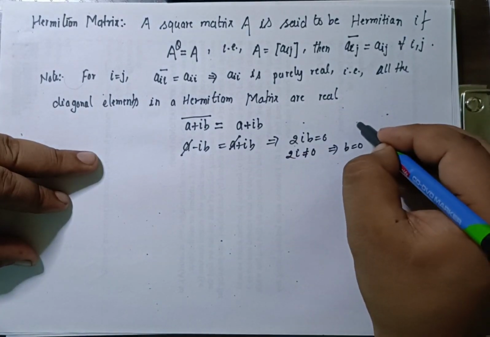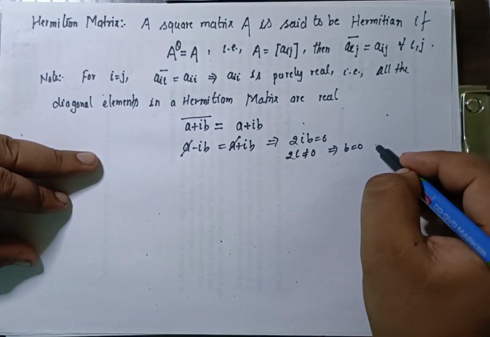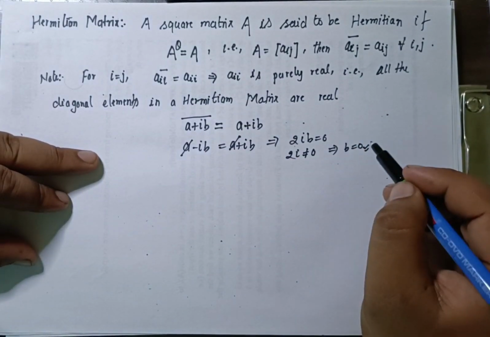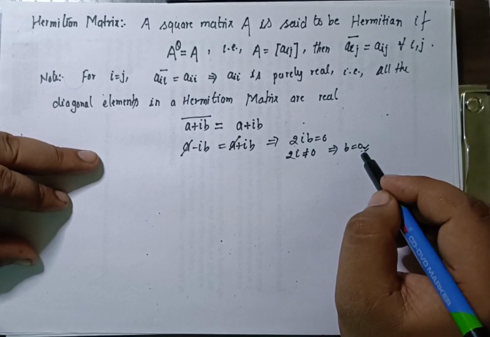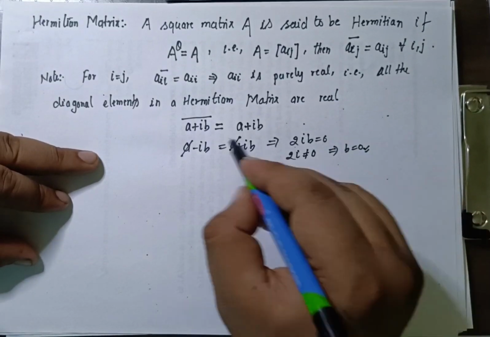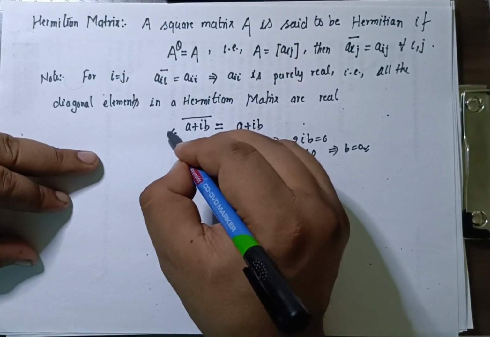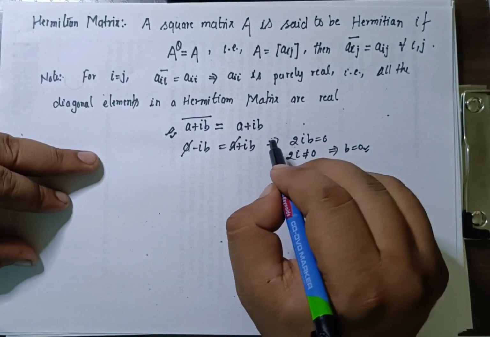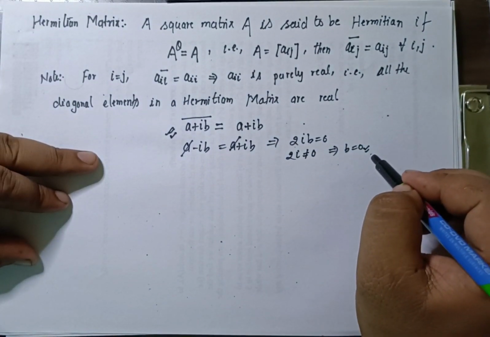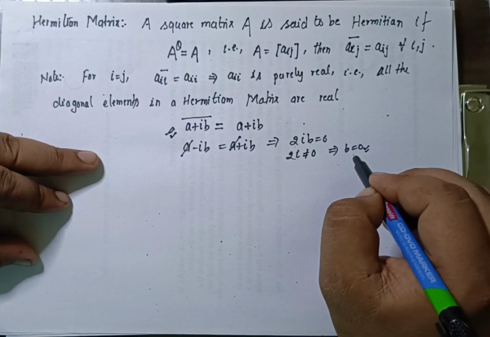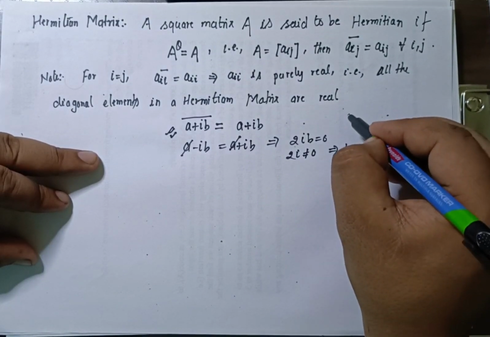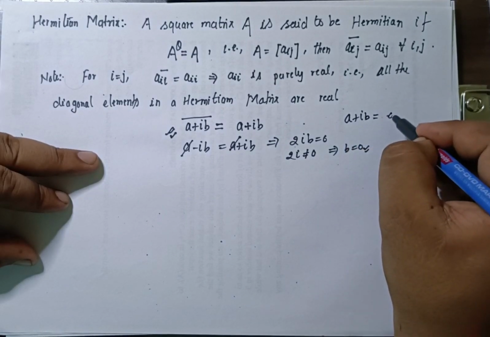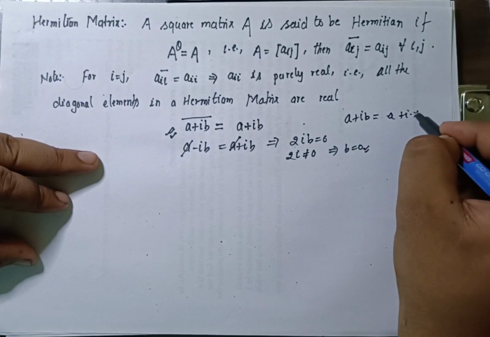So in the given complex number a plus iota b, b is always 0 by this definition in case of a Hermitian matrix. Here we are talking about the diagonal only, for aii, for i equals j only. So in the case of a Hermitian matrix, the diagonal will be purely real, because a plus iota b will be a, because b will always be 0.